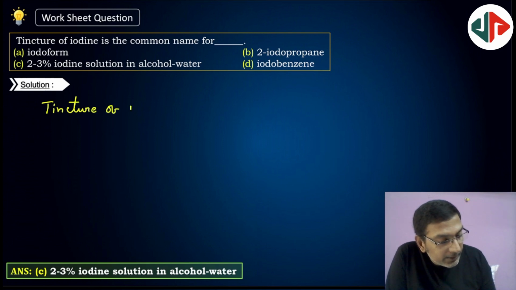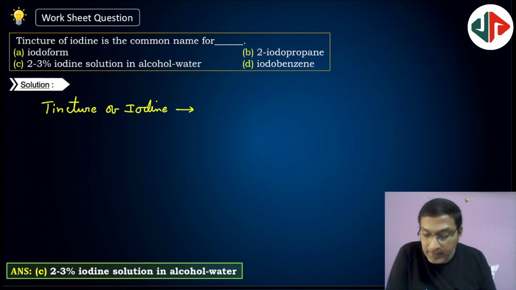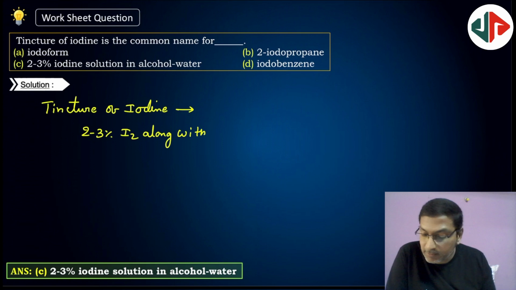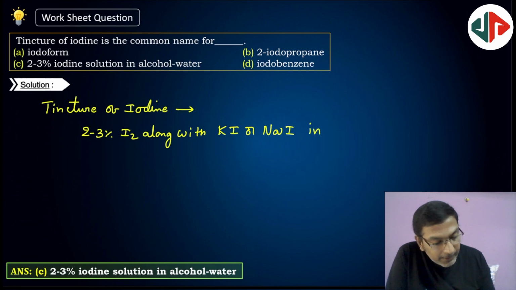So tincture of iodine is, so most important, 2 to 3% of I2 along with some amount of potassium iodide or sodium iodide in ethanol and water.